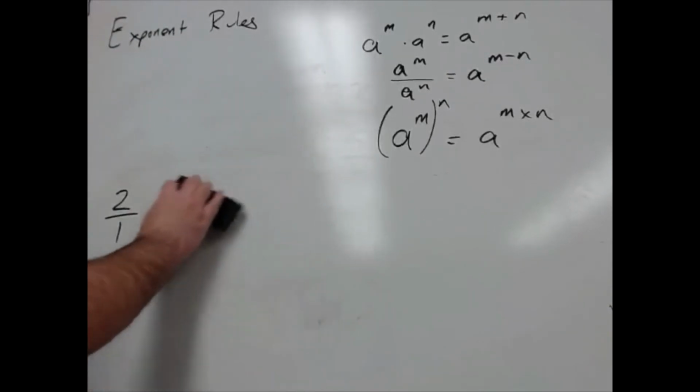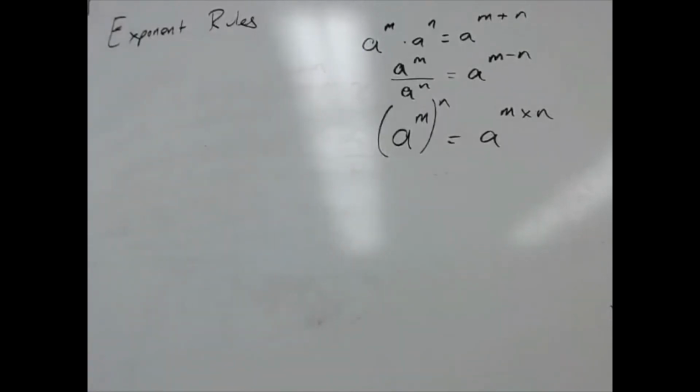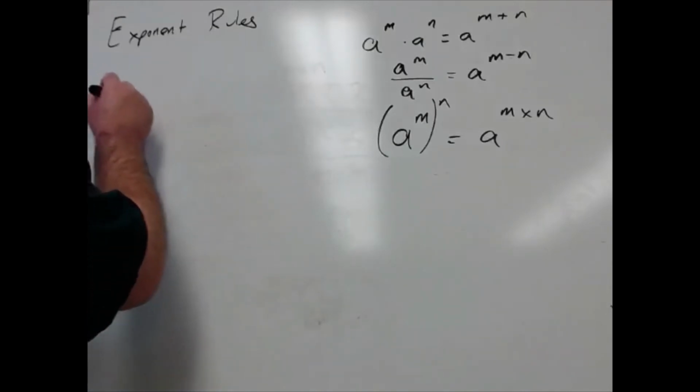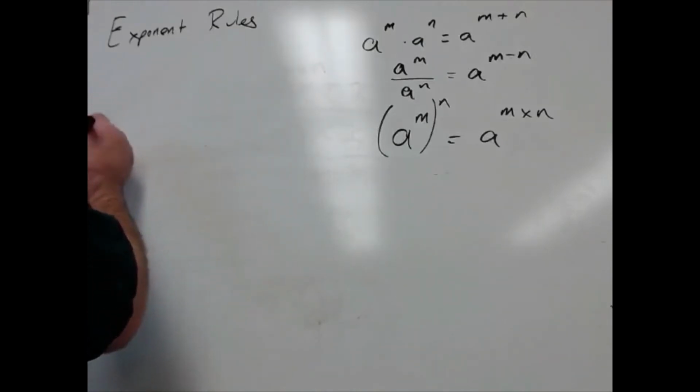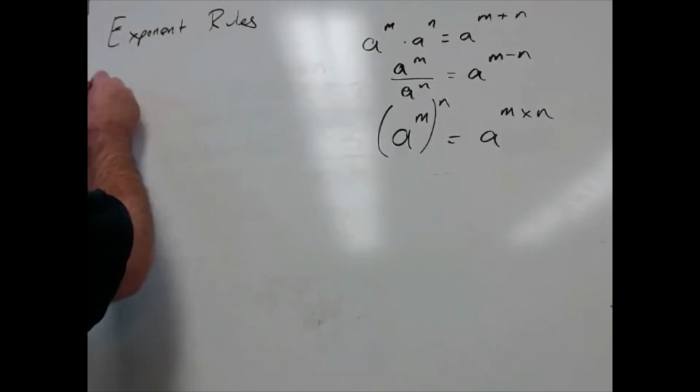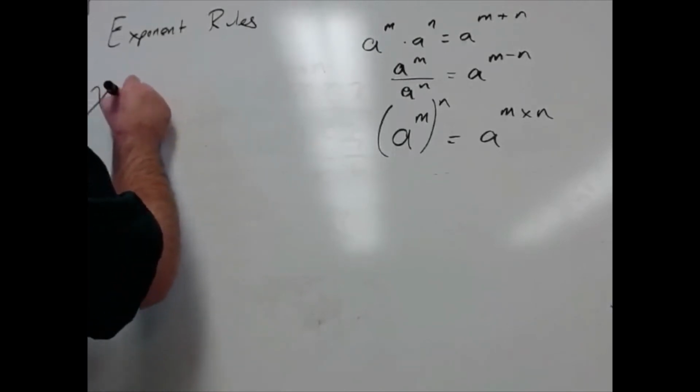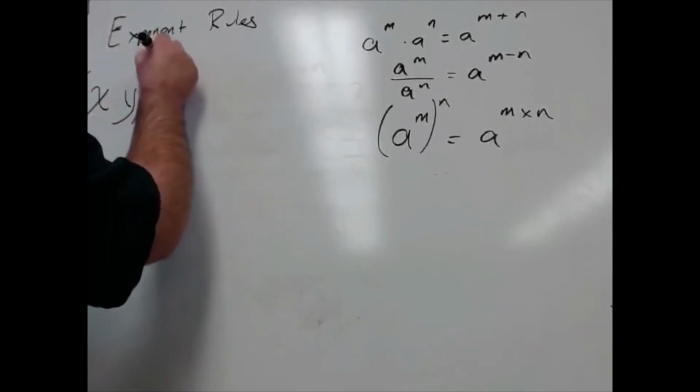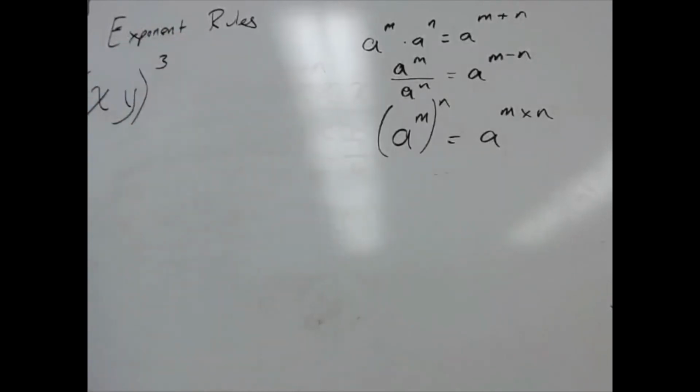And the next two rules, I'm actually going to combine together and look at the same time. Actually no, we'll do one at a time. So let's say I have x times y raised to the 3. So what I've got is an expression with two terms, x and y, inside a bracket, and the exponent is outside. This is a little bit similar to some of the previous stuff we've done.